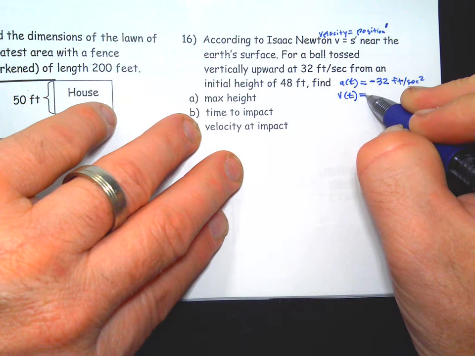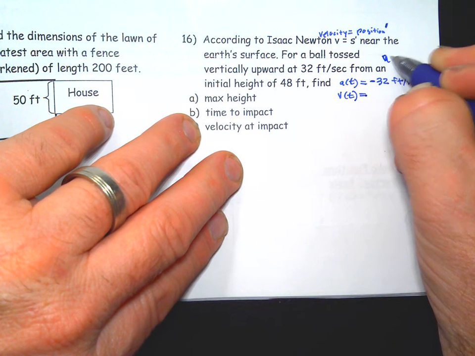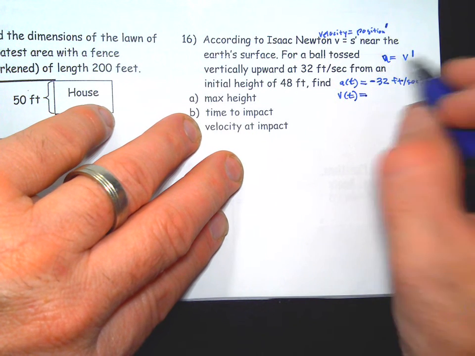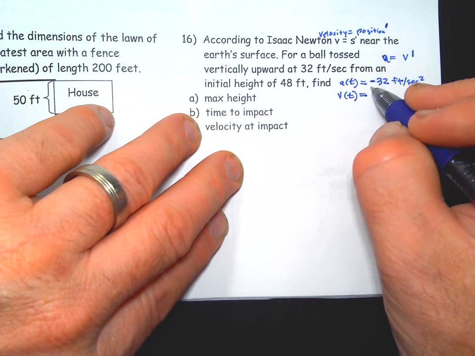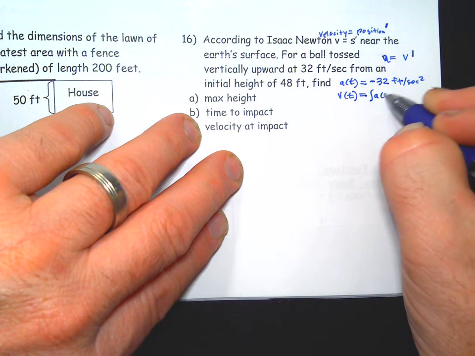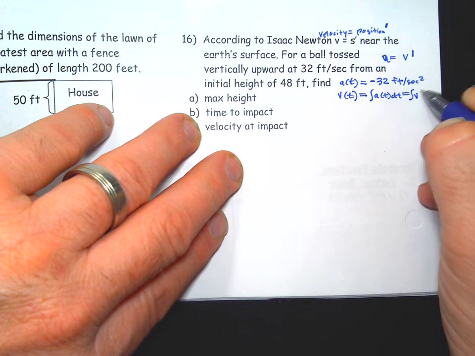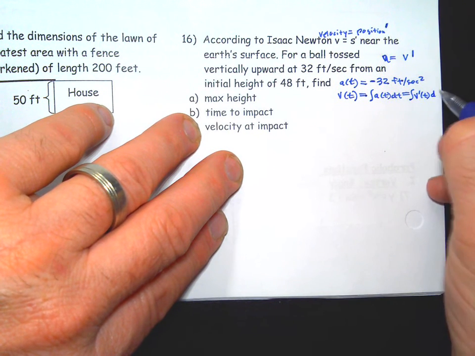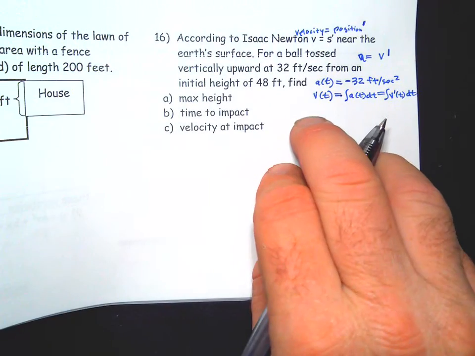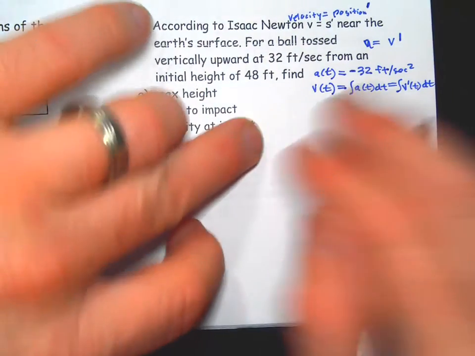So since acceleration equals the derivative of velocity, we can undo the derivative. And undoing derivatives is what integrals do. So we're going to undo it. This is not something you guys need to be able to do on your own yet, but hopefully it makes sense to follow along with. Okay? That's why I'm doing it together right now.